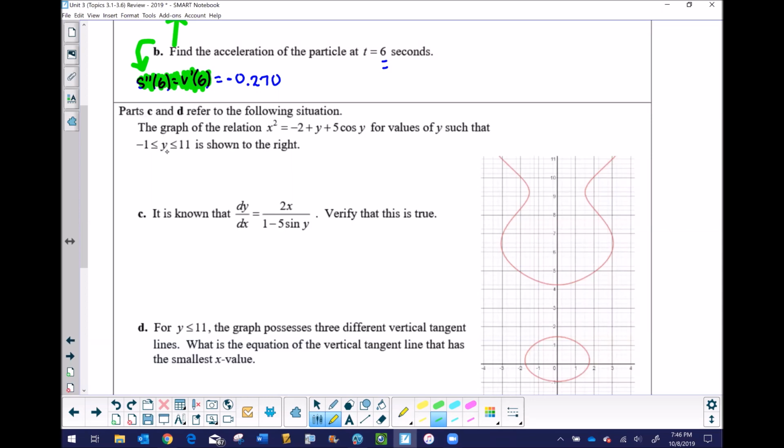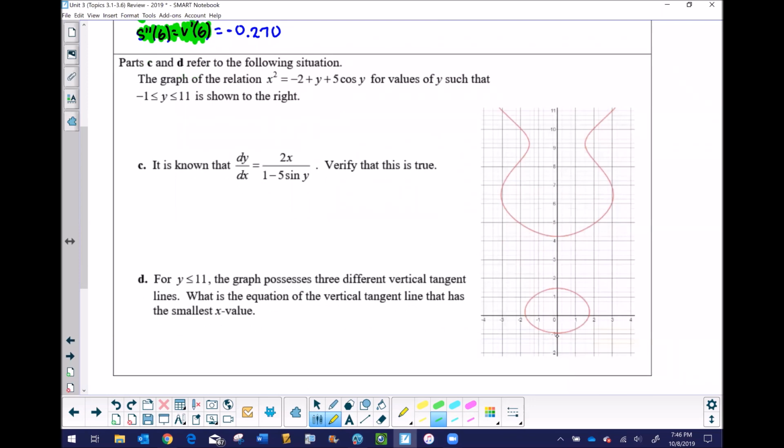Notice that I've stopped this relation so that it only graphs between -1 and 11. The -1, I think, took care of itself. But I had to stop this after 11 because I may have indicated in class that it just keeps doing stuff like this. It's kind of cool, but it just gets wider and wider and wider, and it keeps getting wavy. I just didn't want that much of the graph to be present.